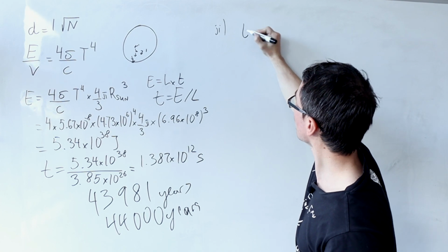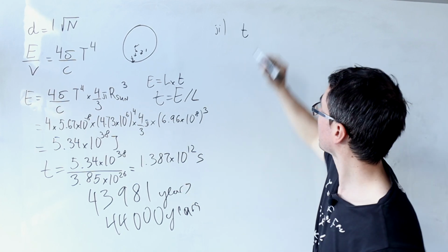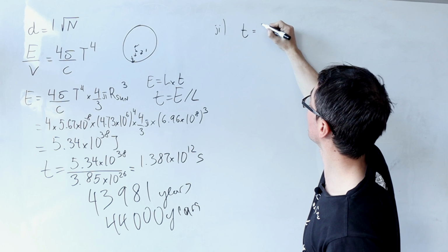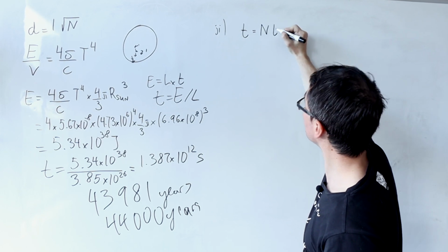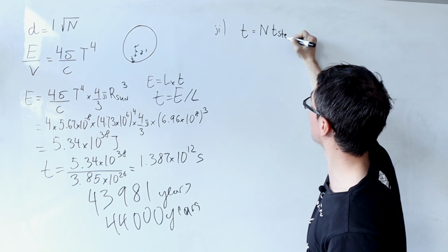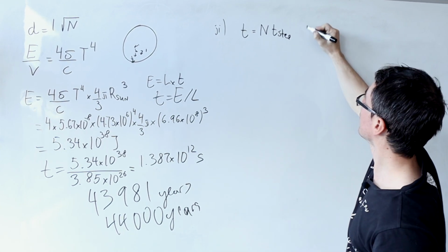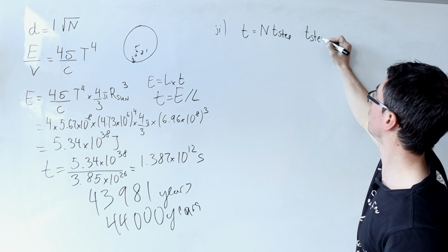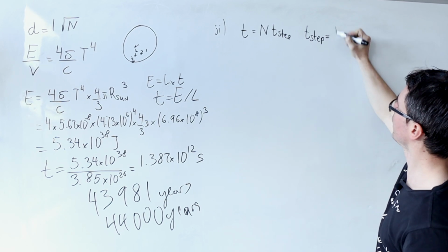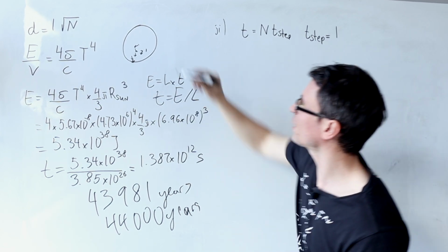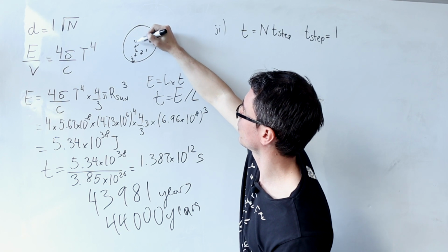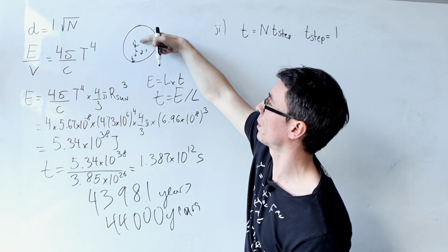Number one, the total time that we've just calculated will be given by the number of steps times the time length of each individual step. But additionally, the time of each individual step will be given by what is known as the mean free path. In other words, that distance of each individual one, not drawn to scale, of course, will be L.